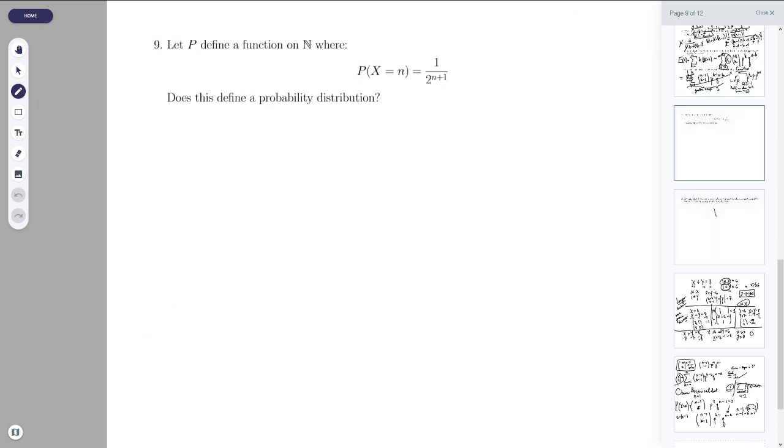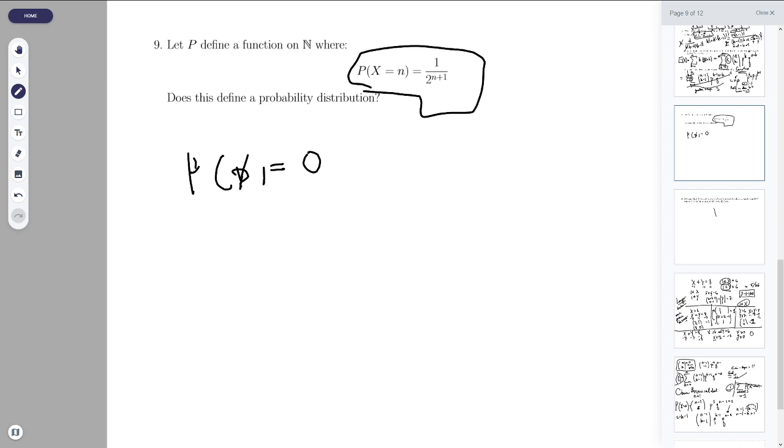All right. Let's do this question. We can do this quick. So this is actually much easier than the previous question. So let's define a function on n where the probability of success is 1 over 2 to the n plus 1. Does this define a probability distribution? So the answer is going to be maybe. The real question, so we can always assume that the probability of the empty set is 0. So that's good.